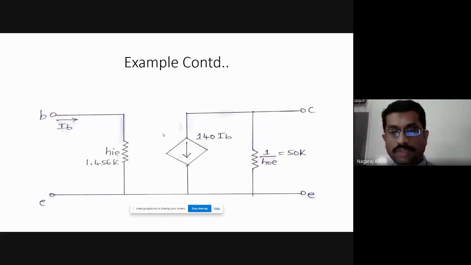Did you all note down here? Vivek? Tejas?